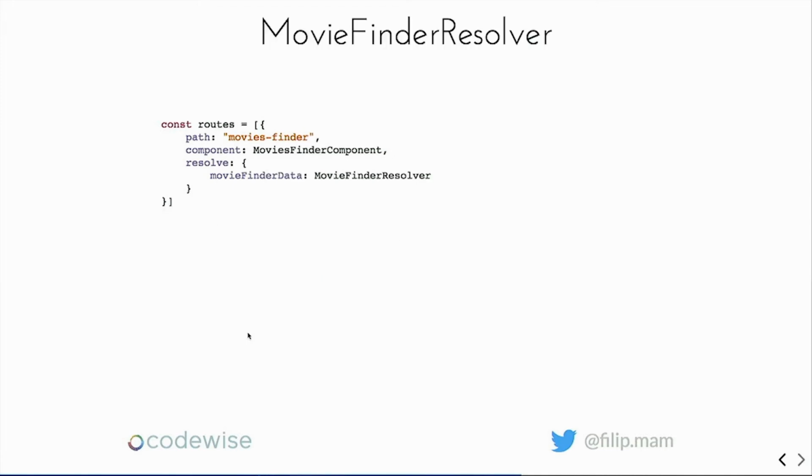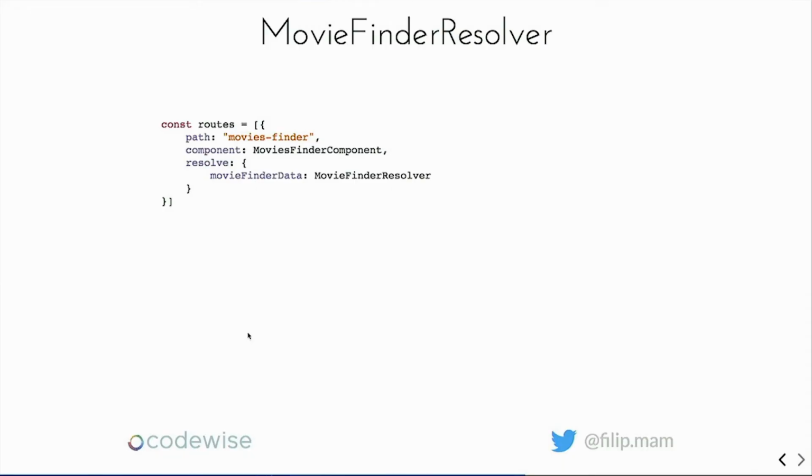Now, if you remember the third component, it required both of those endpoints, one for each dropdown. One was with the movies list, the second one was with TV shows. So what we can do here is create a resolver for that component, right? But there's no point in it, because we already have those two resolvers created.